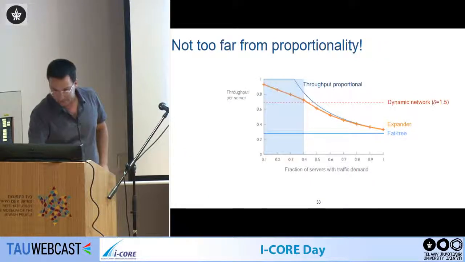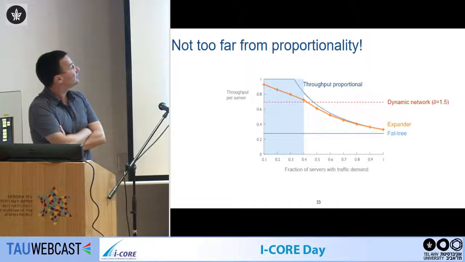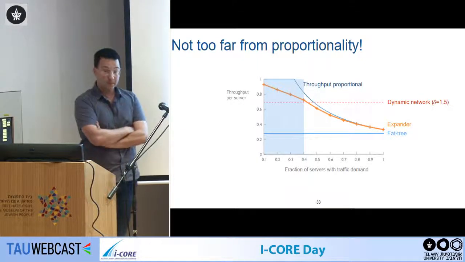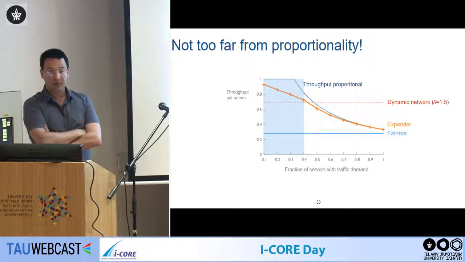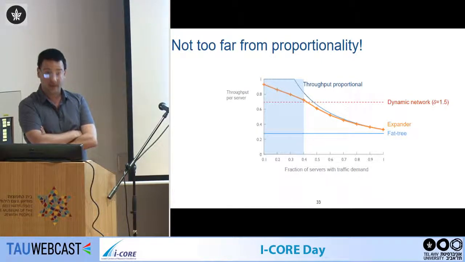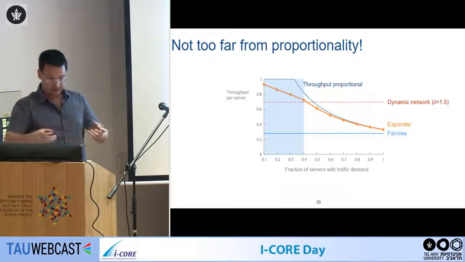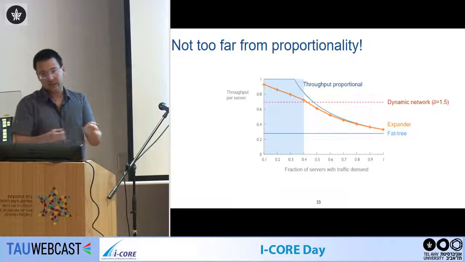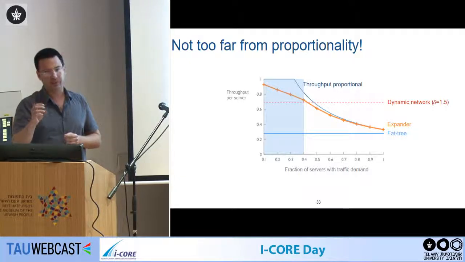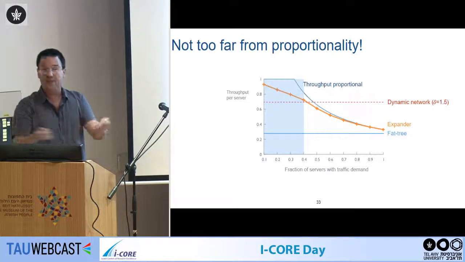So this is for a specific dynamic network. It's not all dynamic networks. We've tried to abstract away from the model of dynamic networks, because the high-level idea across all these topologies is the same: interconnect things.